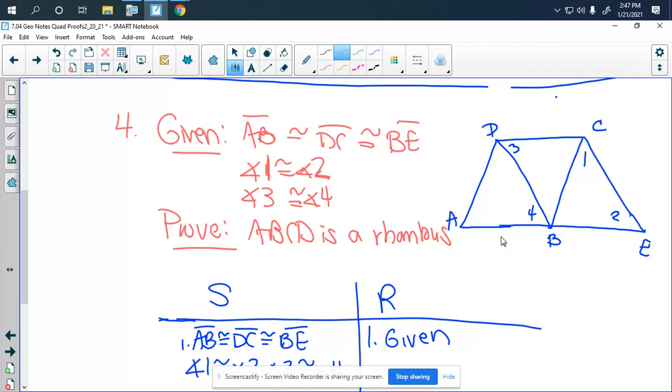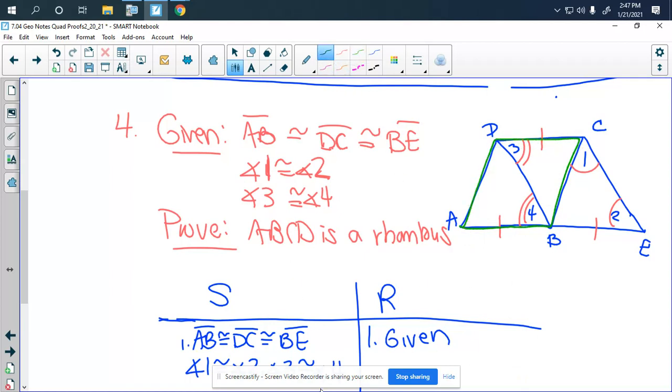All right, so we've got segment AB. This one is a little hard to read. It's DC, and it's congruent to BE. So all 3 of those segments are congruent. 1 and 2 are congruent. And then 3 and 4 are congruent, but not congruent to 1 and 2. We want to get, so in green, I'll put what I'm looking for, A, B, C, D to be a rhombus.